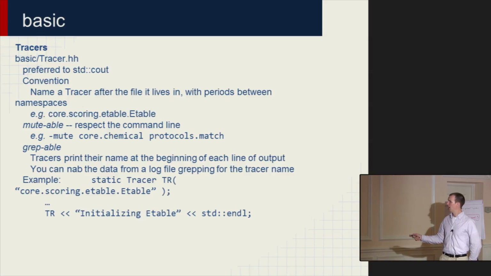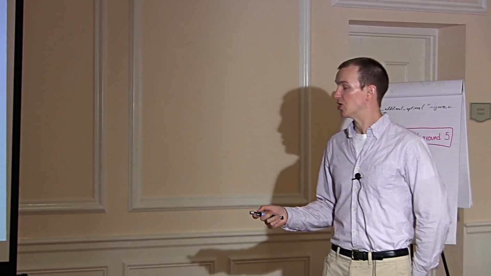So every time somebody sends a message to the etable, for instance, like I'm initializing the etable, every time someone sends a message through the tracer, it is going to append its name to the line that appears on the output message. And so that means that as you're looking through a log file, you can tell where every message came from.